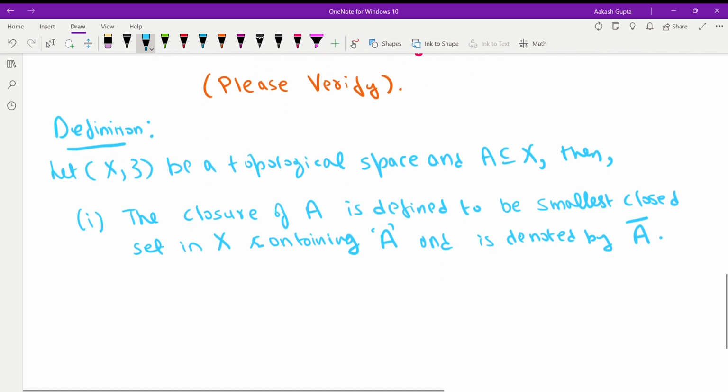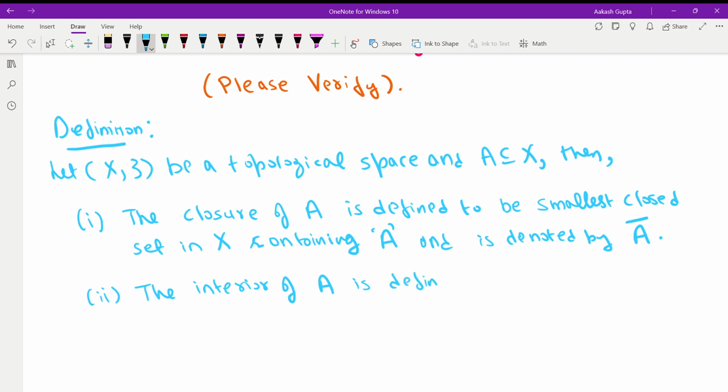Very nice. The second definition, the interior of A. You might have learned this word interior, or interior points, in your real analysis or metric spaces.